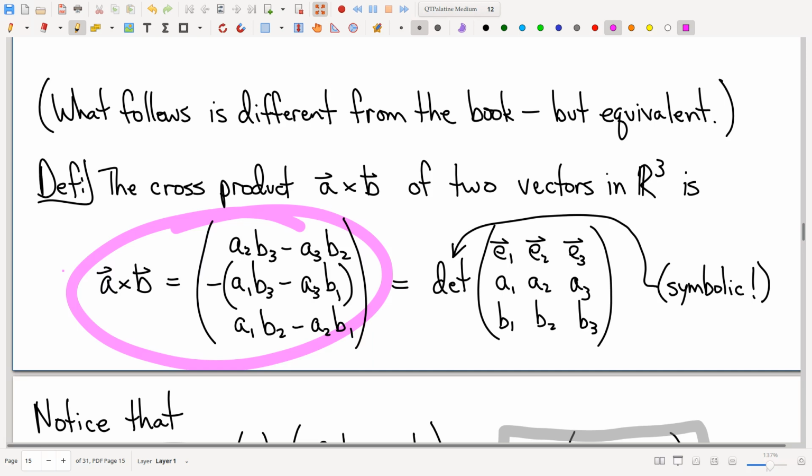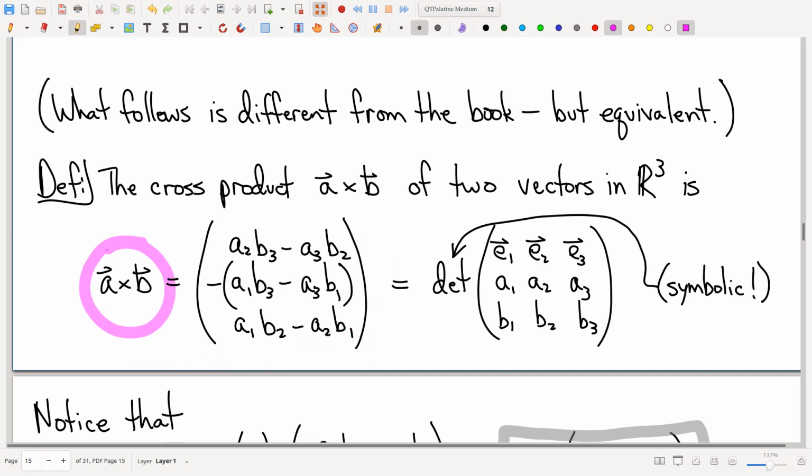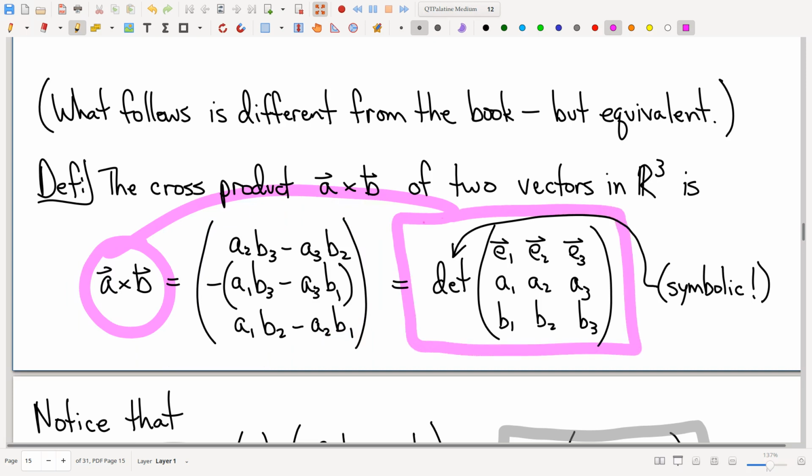So here's what I think is a much easier formula, and that is that the cross product is this, what we call a symbolic determinant. I have to call it a symbolic determinant because I can't really call it a real determinant, because a real determinant is something you do to a matrix. A matrix has as its elements scalars. This, whatever that thing is, has a vector as an element. That's weird.